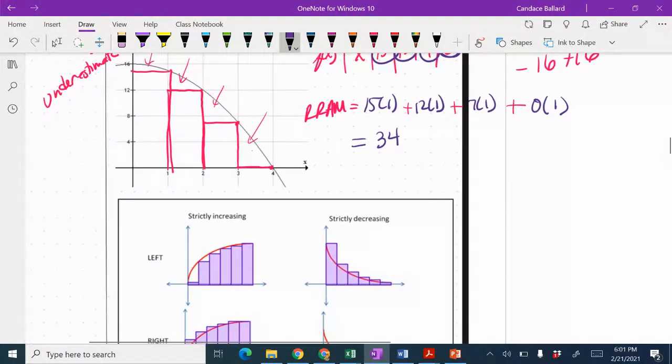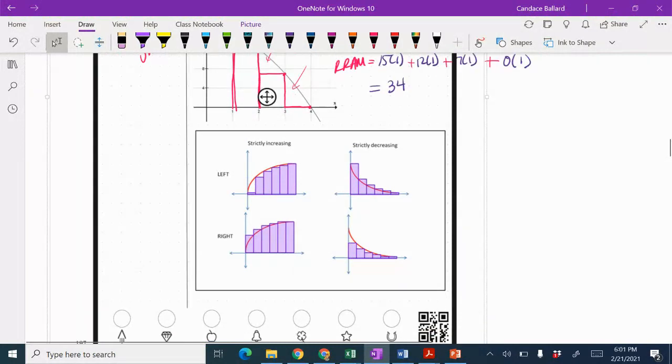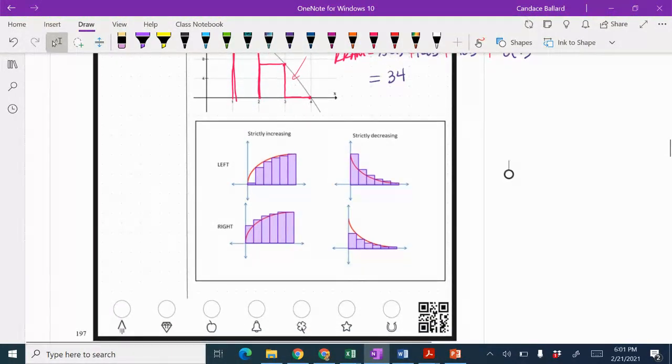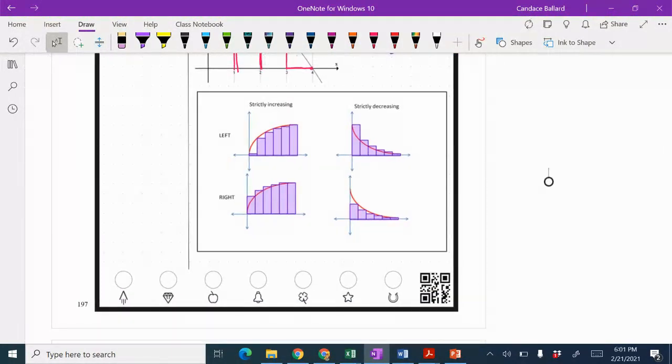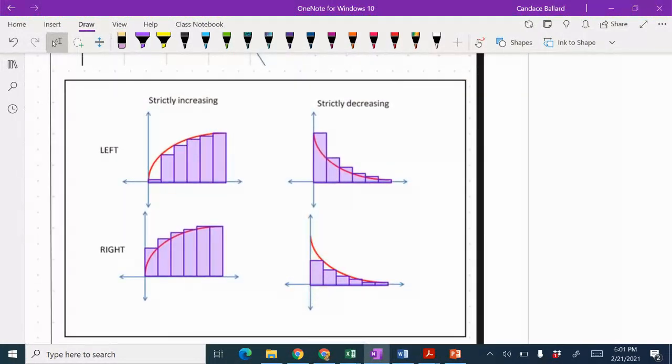So really quickly on overestimate and underestimate, and I wouldn't memorize this, this is why we draw the pictures. If we have a strictly increasing function and we are doing left rectangles on it, this would be an underestimate.